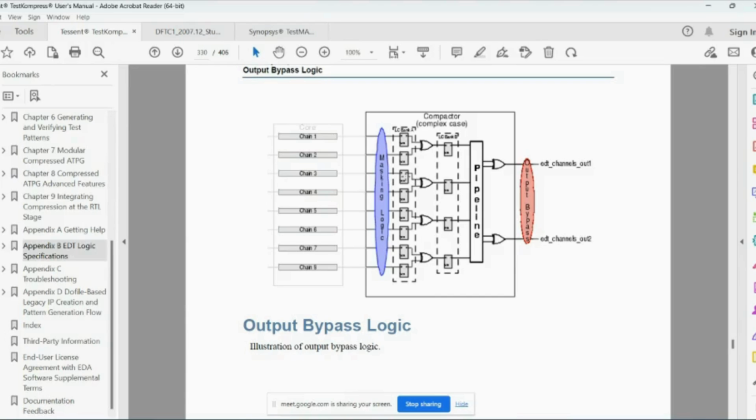See, XOR gate is when you have any one input high, then output is high. That is XOR. NAND gate, any one input is high, then the output is 0.